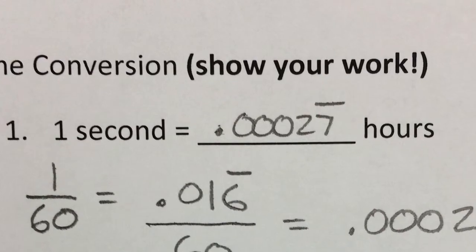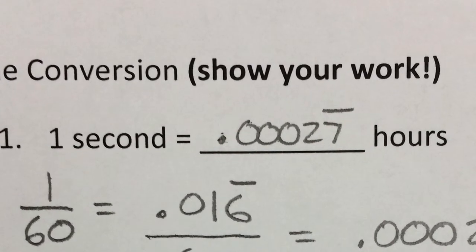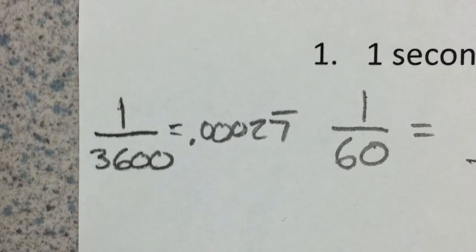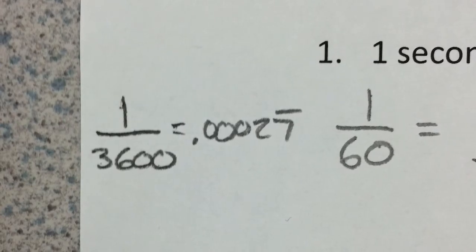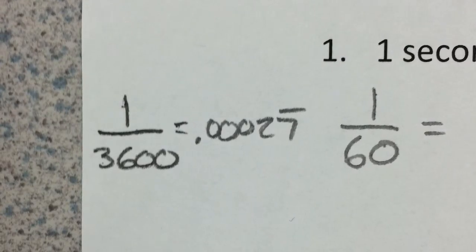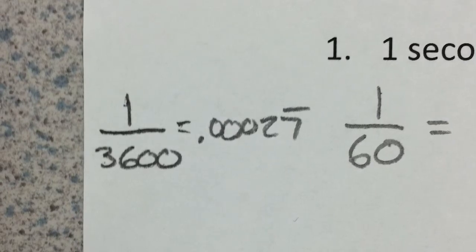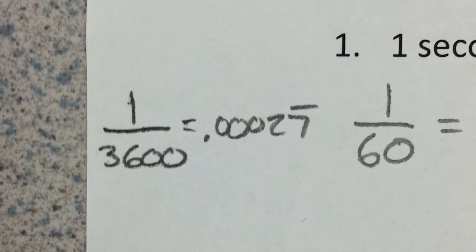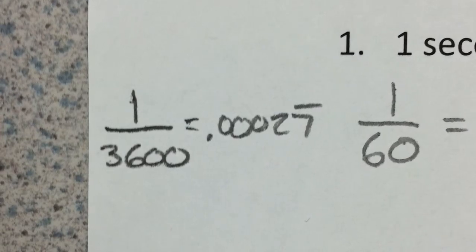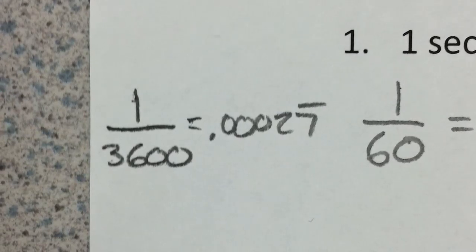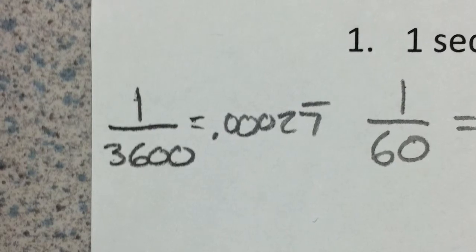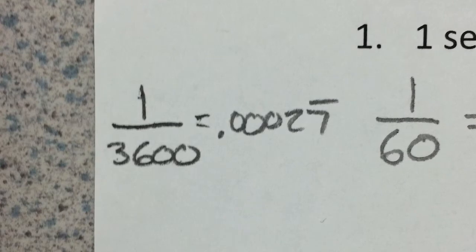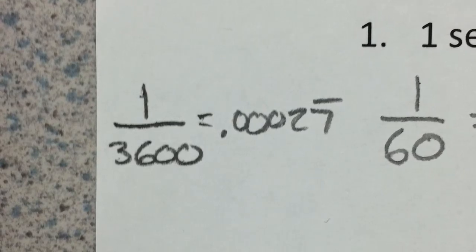Now there is a shortcut to doing this. You can take 1 and divide it by 3,600. If you look back up to the top of your sheet, that's how many seconds we said are in an hour. So you can take the number of seconds that you're given, divide by 3,600, plug that into your calculator, 1 divided by 3,600 equals, and you get the exact same answer because we're dividing by 60 two times.